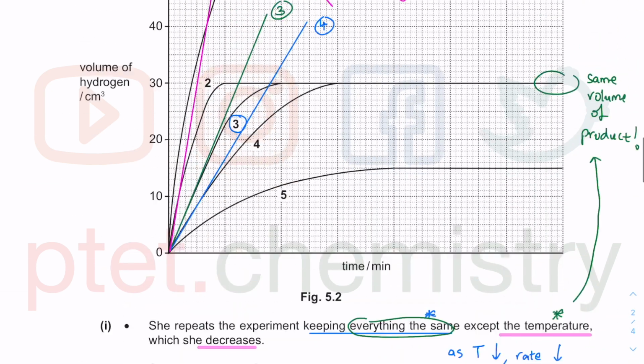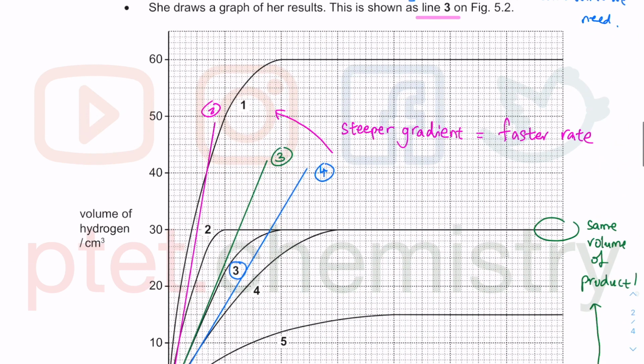So looking at that, we can be sure that it will not stay here. It will not halve the volume. It will definitely double the volume. And as you could see, it's also faster. If I draw another line, if I use the black color one, so this has to be the gradient for line 1. So it's faster than line 3, but it also produces more gas.